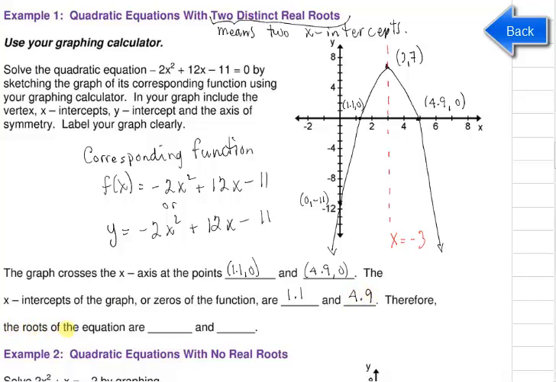Therefore, the roots of the equation are 1.1 and 4.9, and these are the solutions. So you can see that the roots of your quadratic equation are the solutions to your quadratic equation. And this ends example 1.